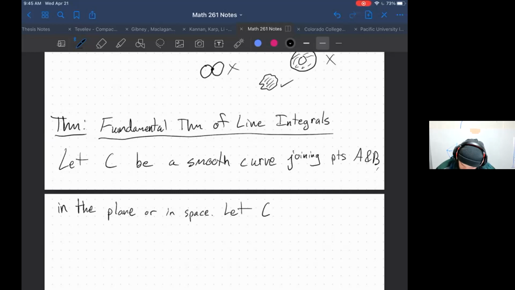Let's see. Let C be parameterized by r of t.